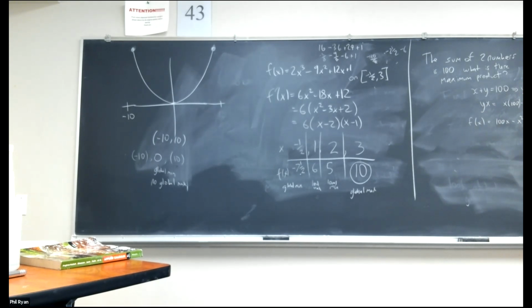What about the interval? 0 to 100. Okay, on 0 to 100. But nowhere there does it say that. What happens if, say, one of the numbers is 200? And the product is going to be negative.